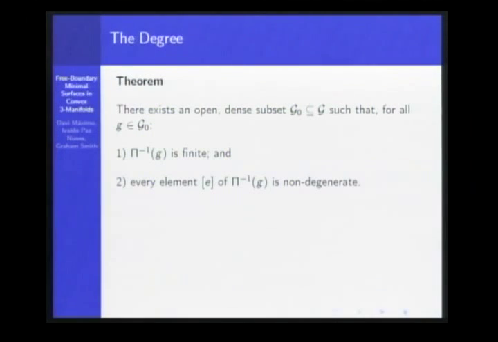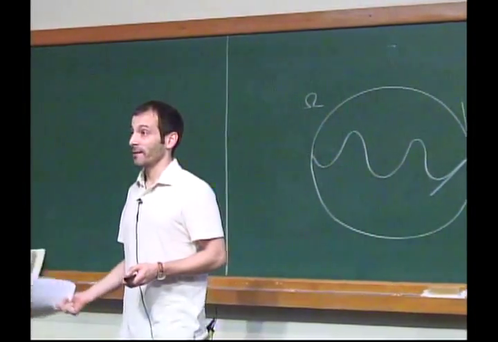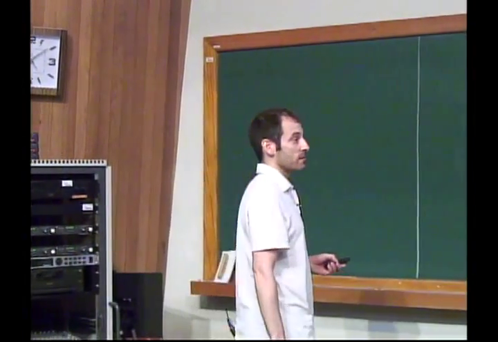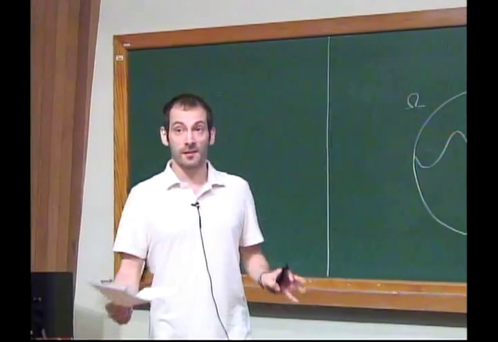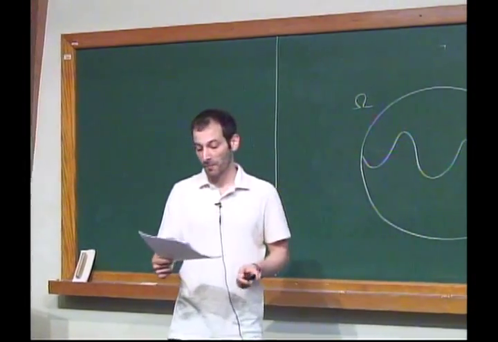For people who like technical stuff, you could work in the Frechet category, apply the Nash-Moser theorem, and then you would show that Z is a smooth, tame Frechet manifold. Or you could work in the Banach category, apply the inverse function theorem for Banach manifolds, and show that Z is a Banach manifold. You do what you like. There are various different ways of interpreting Z as an infinite dimensional manifold. But the point is, it's an infinite dimensional manifold.